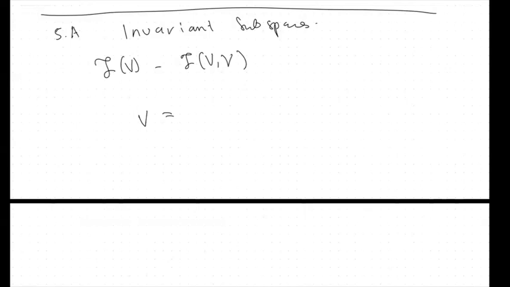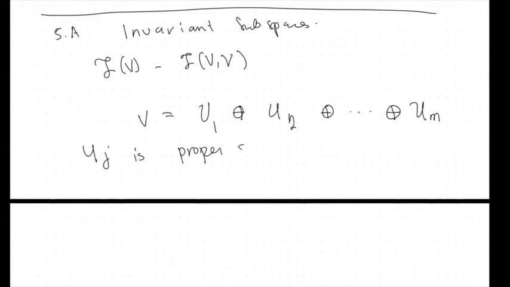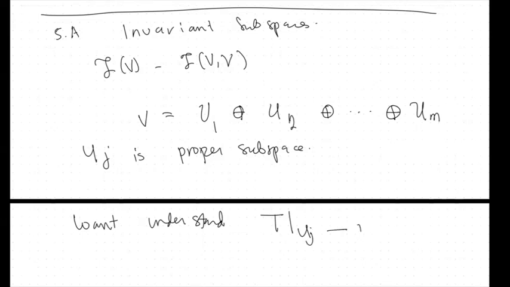Suppose that our vector space V is a direct sum of U1, U2, up to Um, and each Uj is a proper subspace, meaning none of the Uj is equal to V. We want to understand the behavior of T restricted to Uj, where this is the restriction of T to just our Uj.